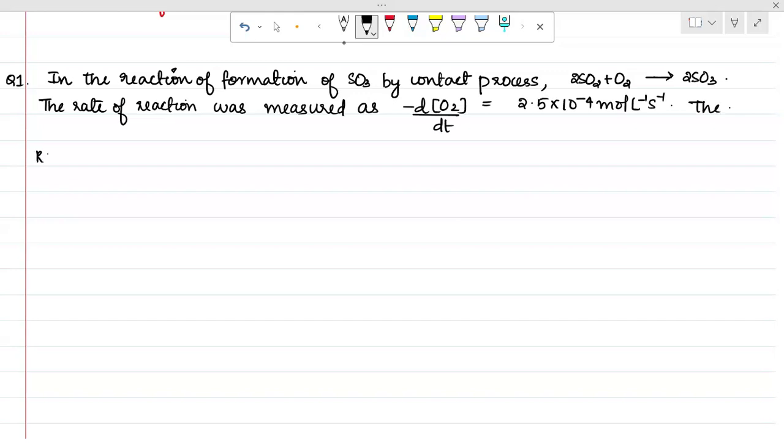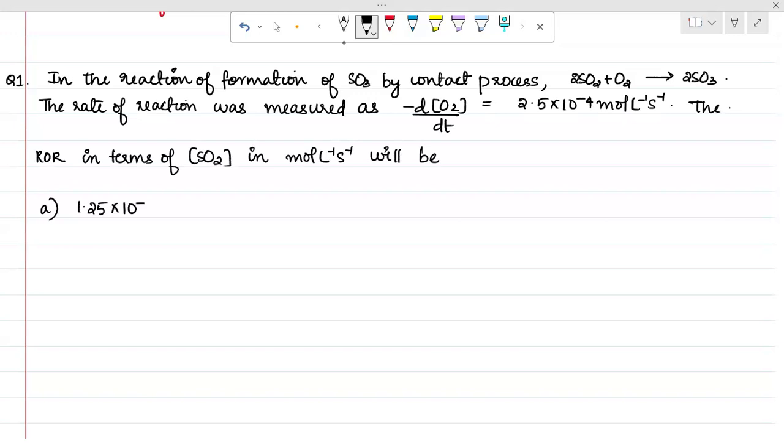Question. The rate of the reaction in terms of concentrations of SO2 in moles per liter per second will be: option A, 1.25 into 10 to the power minus 4; B, 2.5 into 10 to the power minus 4; C, 3.75 into 10 to the power minus 4; and D, 5 into 10 to the power minus 4.